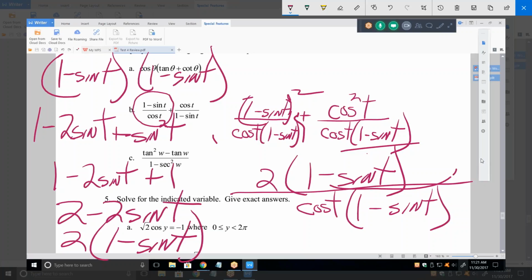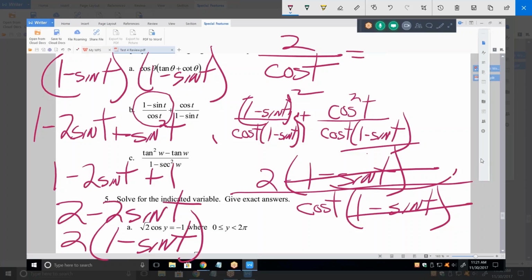The fact that it says exactly 1 minus sine t, I got that in the numerator, and I also have it in the denominator. So just 2 cosine t. It's 2 over cosine t. And again, let's not leave trig functions in the denominator. In trig, kind of the equivalent of rationalization is this step here.